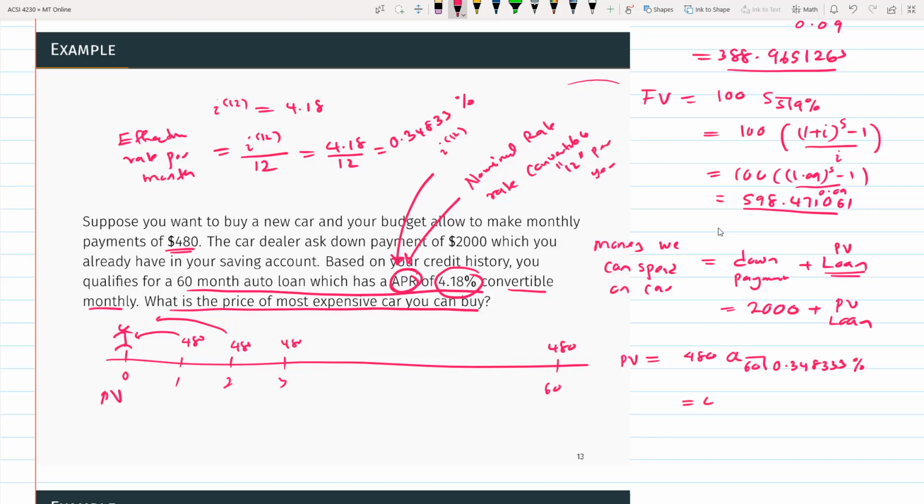Okay, so let's apply the formula. For this one, it's 1 minus v^60 over I. And what is v? v is 1 over 1 plus I. In this case, 1 over 1 plus 0.00348333.